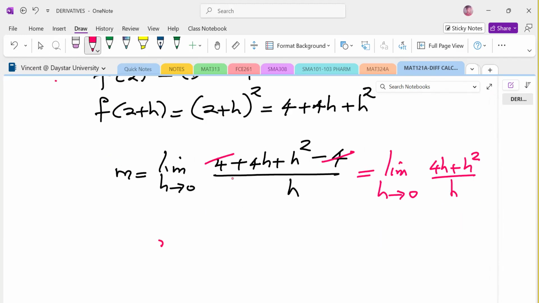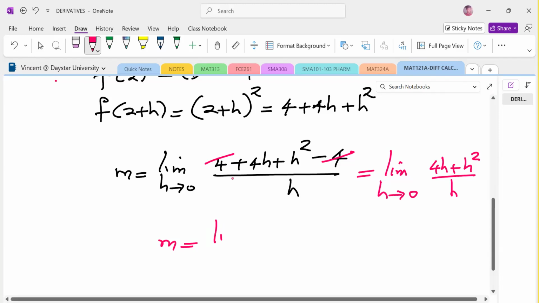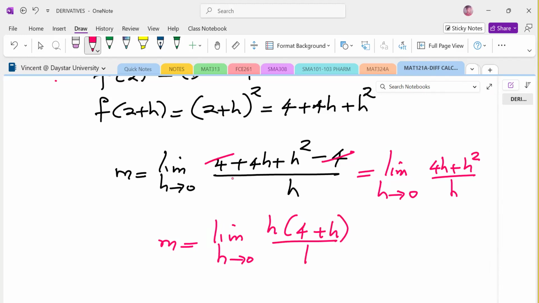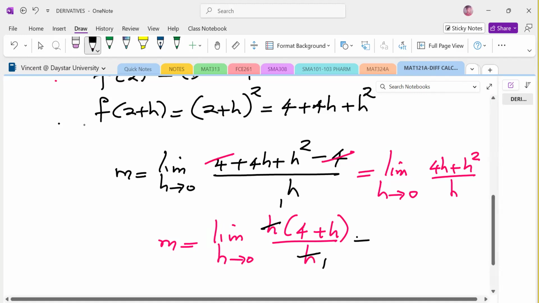Then m equals the limit as h approaches 0 of h times 4 plus h, divided by h. I've simply factored out h. Then you cancel this and this. So we'll have the limit as h approaches 0 of 4 plus h.